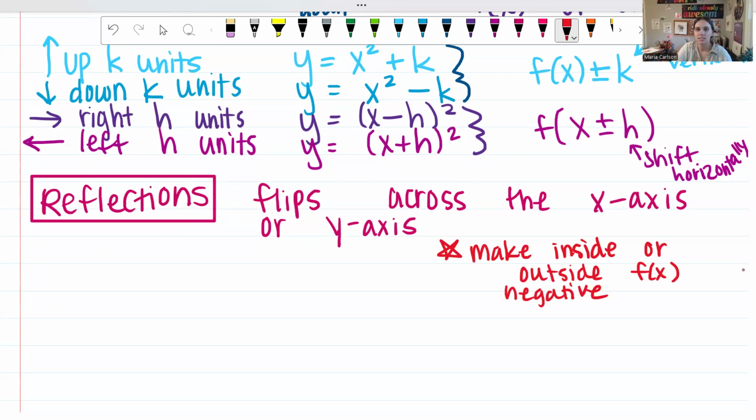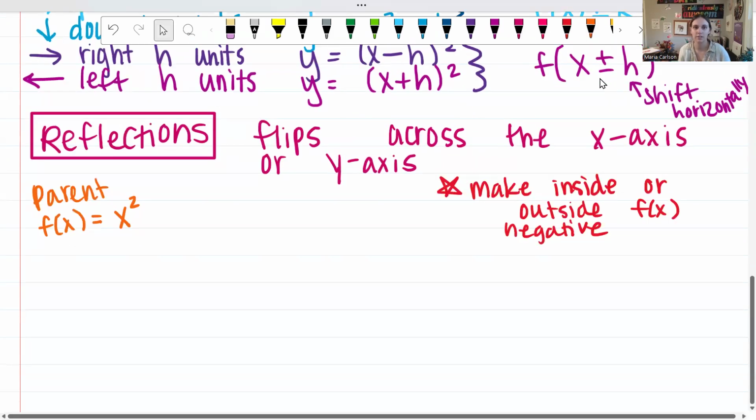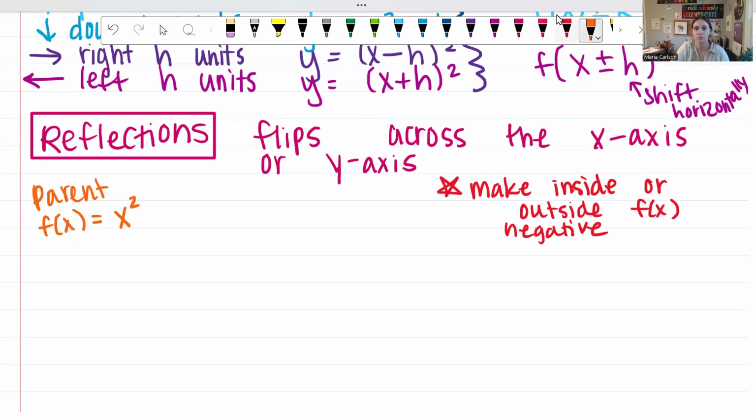Now again, we're just working with this same parent function. So if you want to make a note again, the parent is f of x is equal to x squared, or y is equal to x squared. So if I want to reflect across the x-axis, remember the x-axis is your horizontal axis. So any point that was above is now going to be below. Any point that was below is going to be above.